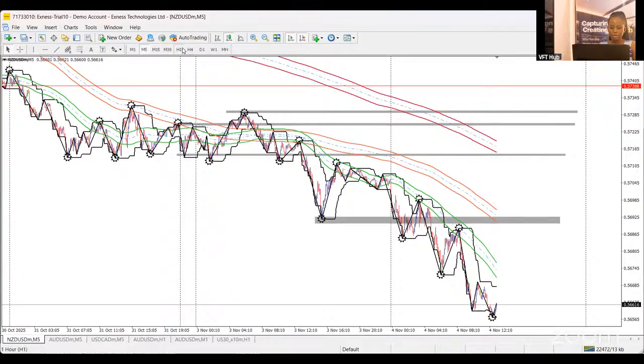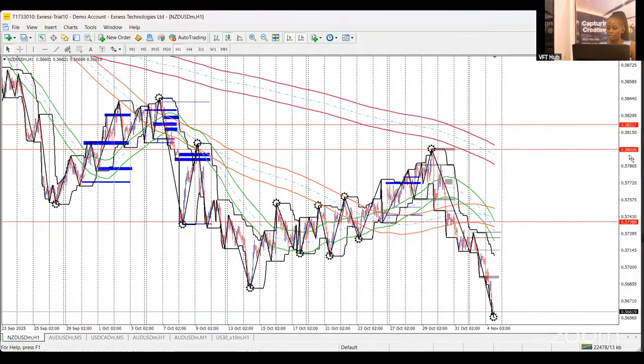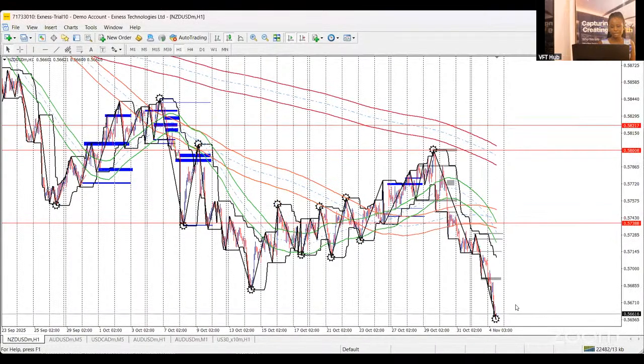Then we have more points of interest that we marked out on the 1 hour: 0.57388, 0.58008, and 0.58217. These are zones we're expecting price to temporarily buy back into before we start to see more moves downward. So for now, I'm looking to buy NZD USD and AUD USD back into those zones.